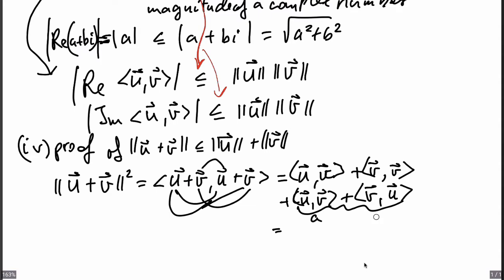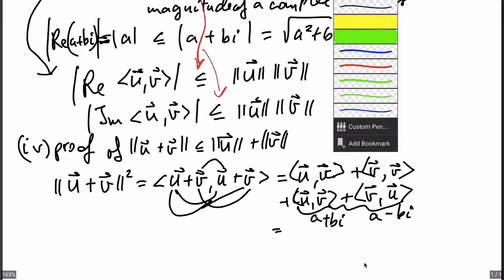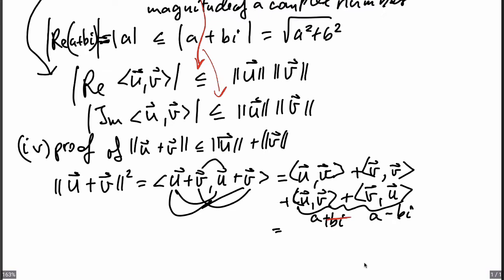Or even better, if I write A plus Bi as a complex number, then when I change the order, instead of u inner product v, I have v inner product u. I have the complex conjugate, which means that this is A minus Bi. And then when we add together a complex number and its conjugate, the imaginary parts cancel out, and what I get is twice the real number.